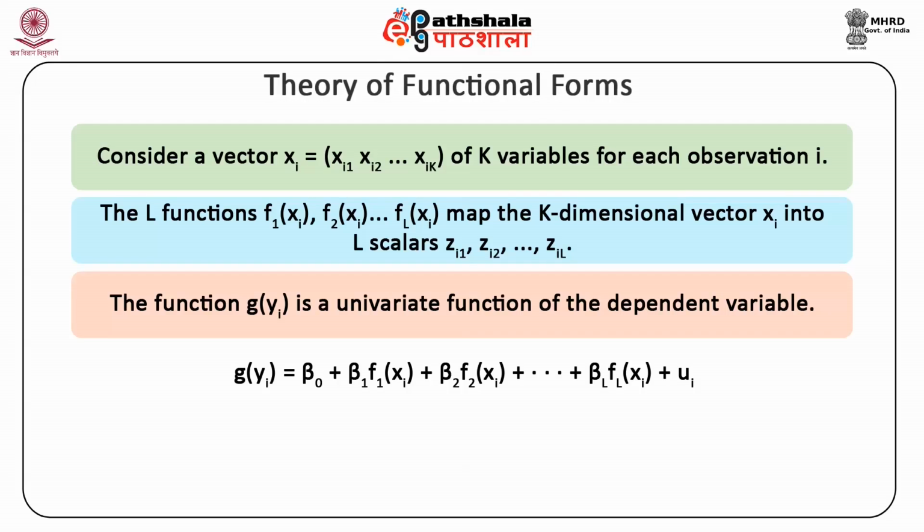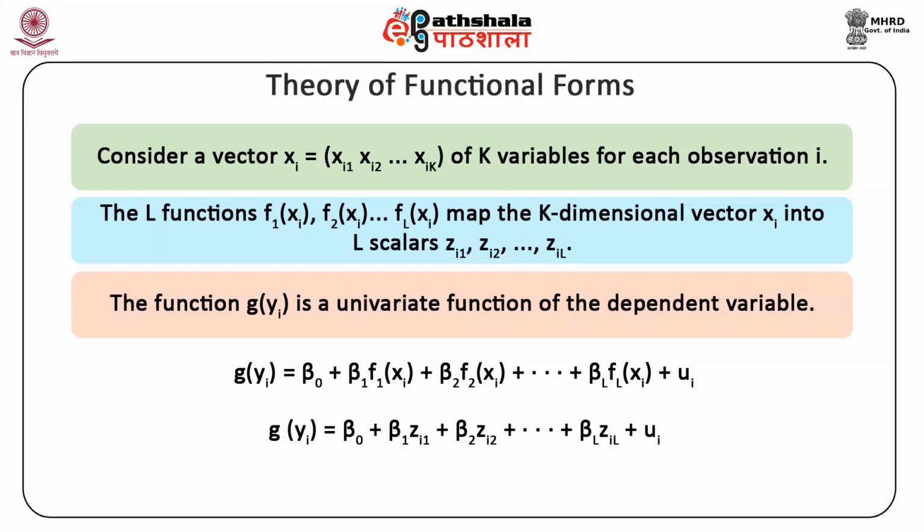This can therefore be written as g(yi) = beta 0 + beta 1 zi1 + beta 2 zi2 and so on up to beta L ziL + ui.